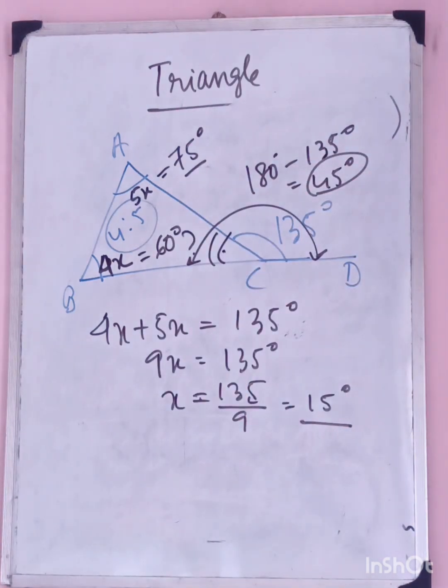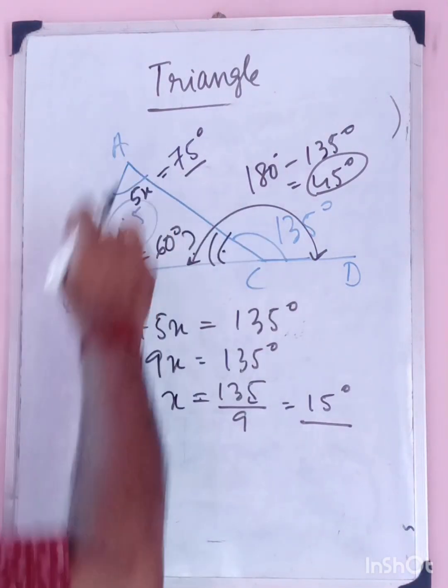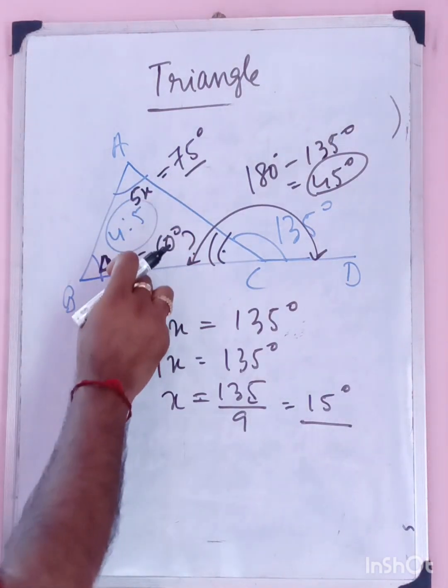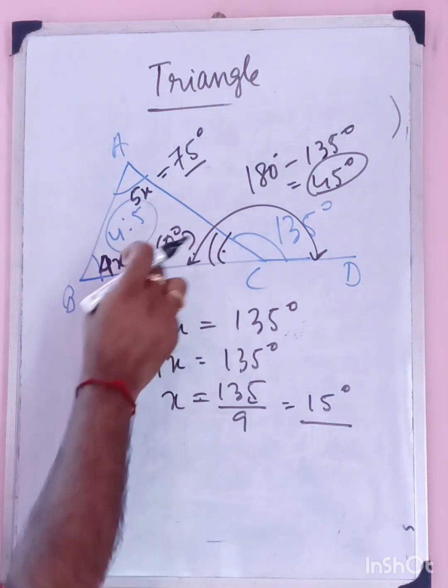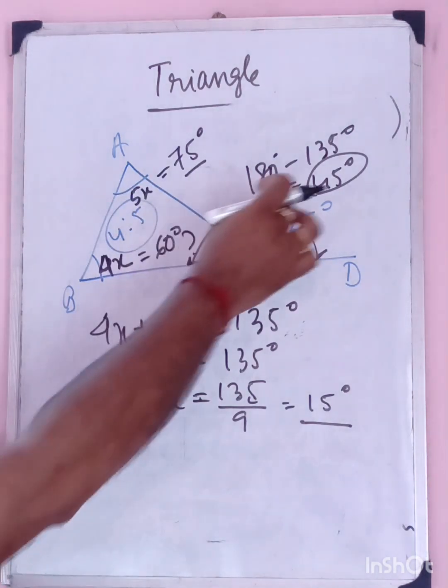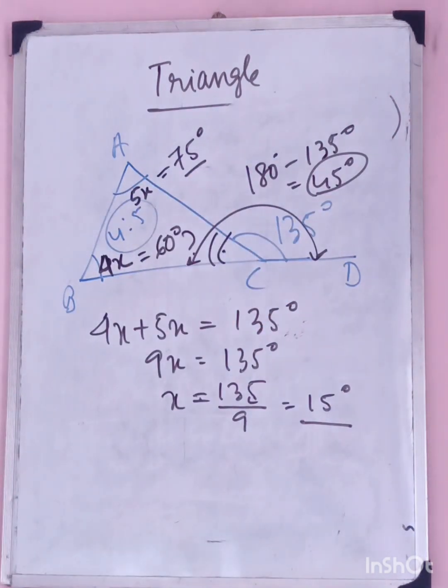And the second way is, sum of three angles is 180 degree. This is 75, this is 60. The last one is 180 minus this and this. It will also come to 45 degree. So this is the application of the fourth property we learned.